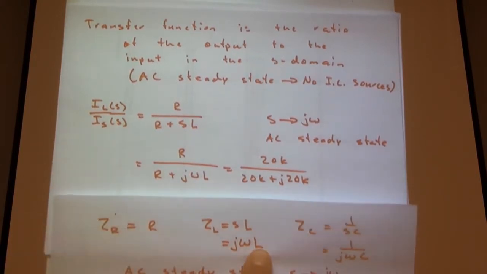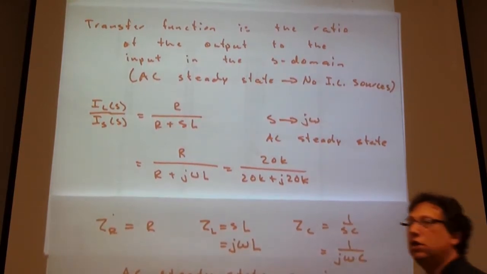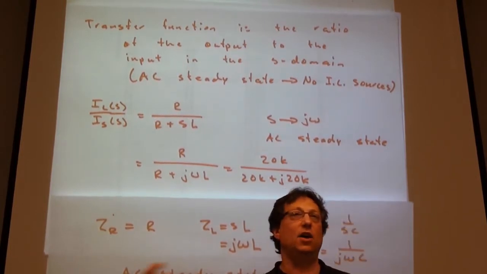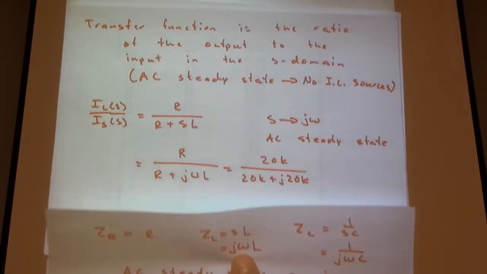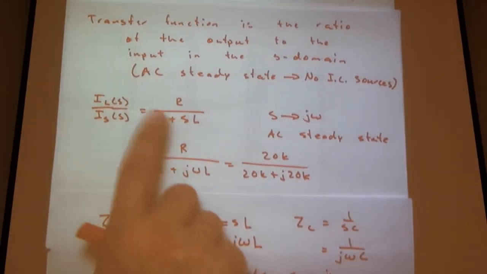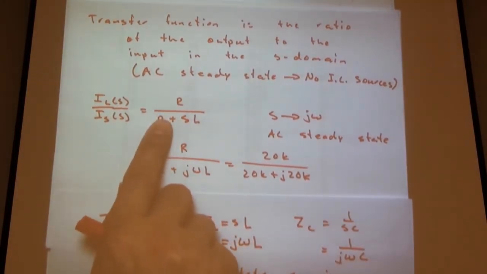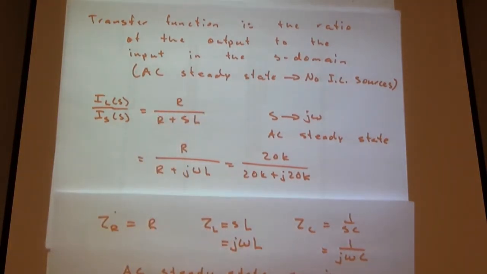If we go back to the other extreme, we kind of made the observation, as omega gets large, and large is a relative term, but as omega goes to infinity, what does our inductor behave as? Well, it behaves as an open circuit. So that's the other extreme. And is that consistent here? So as S goes to infinity, what does our transfer function do?